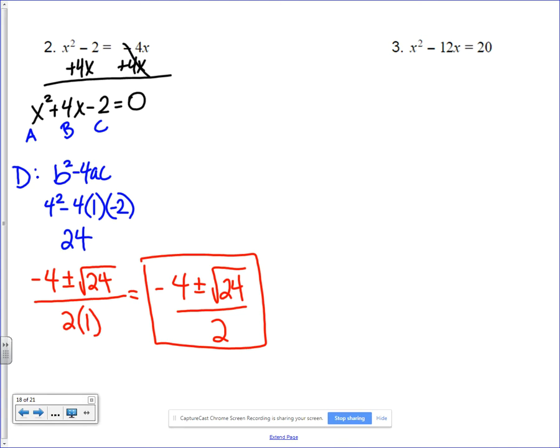Plug it into the rest of your formula. Everything else is good there. You know why?